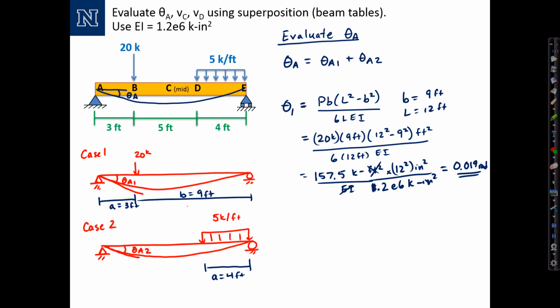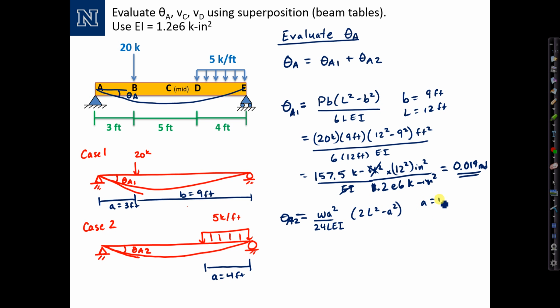And therefore, the equation that we saw on the previous page for theta, this is theta A2. This is theta A1 up here. Equation for theta A2, I'm going to drop the sign, and it is WA squared over 24LEI times (2L squared minus A squared).